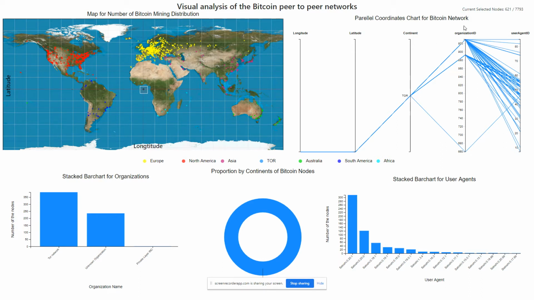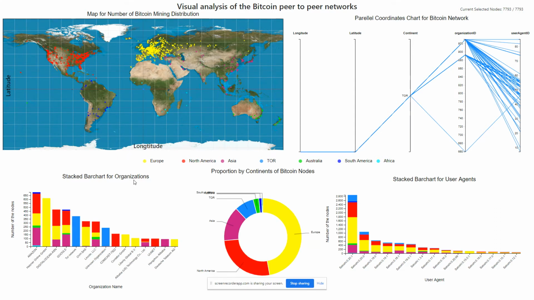Now, if we look at the network, they account for almost 10% of the entire peer-to-peer network we spotted, and hopefully for good and legal reasons. They were mostly unknown organizations and Tor nodes, so basically people don't know their identity or anything.